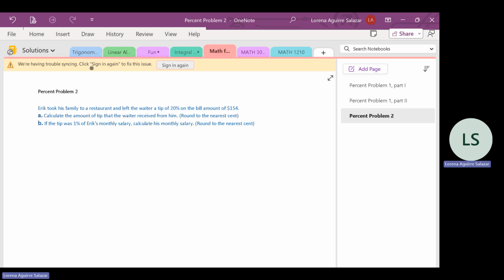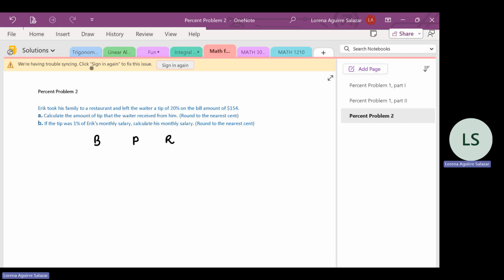To solve this problem, we get to use a formula method that relies on a formula that relates three variables every percent problem will contain. Every percent problem will contain the variables B, P, and R. B for base, which is the whole quantity or value.